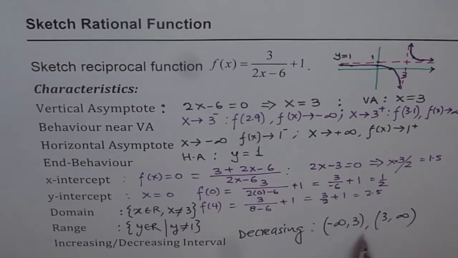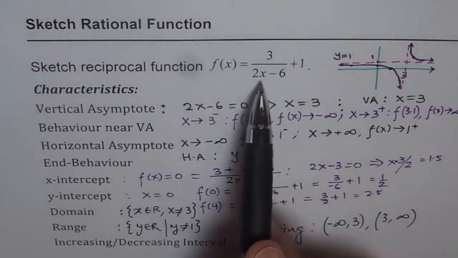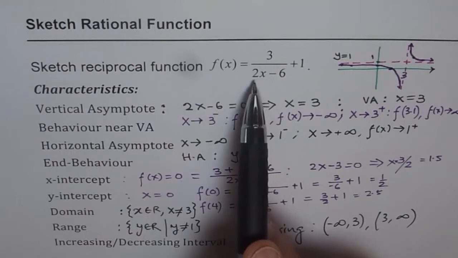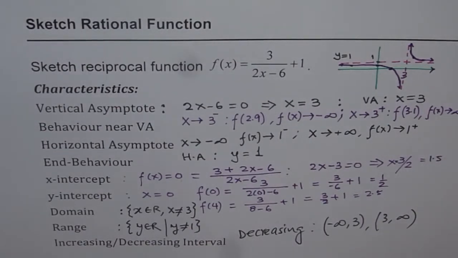So it is decreasing all throughout. That was expected since the function is the reciprocal of a line with an increasing slope of 2. If the line is increasing, its reciprocal has to decrease. So that is how we can answer this kind of question and also make an accurate sketch for a rational function.